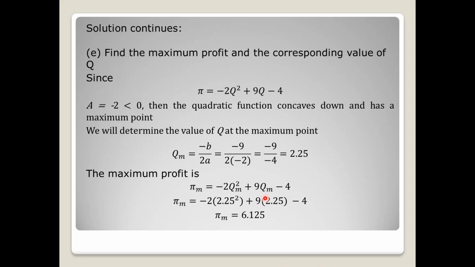So this last value, 6.125, is the maximum profit the firm makes, at q equals 2.25. So for this firm to have a maximum profit, it has to produce a quantity of 2.25, and the maximum profit will be 6.125. So I hope the solution is clear.